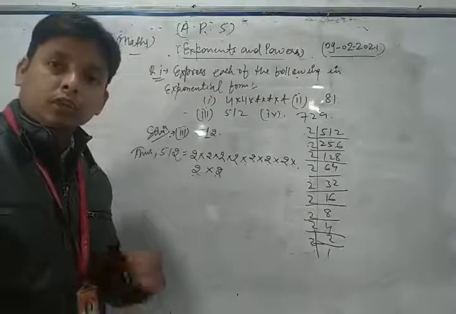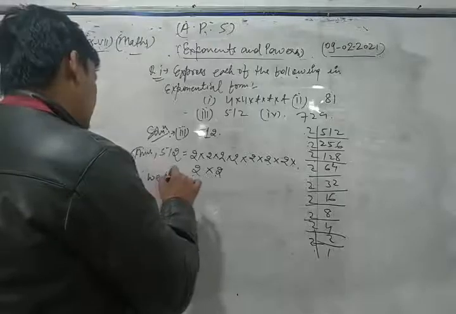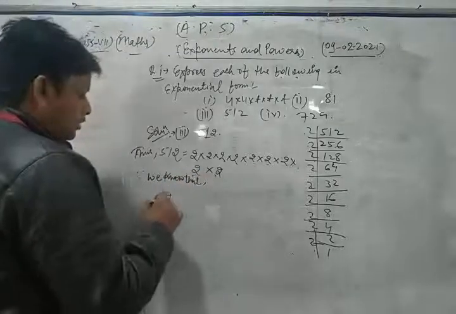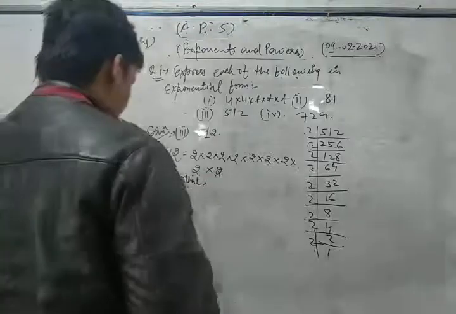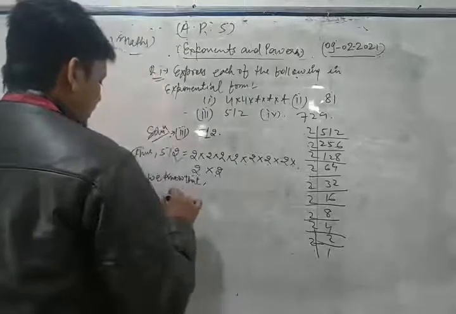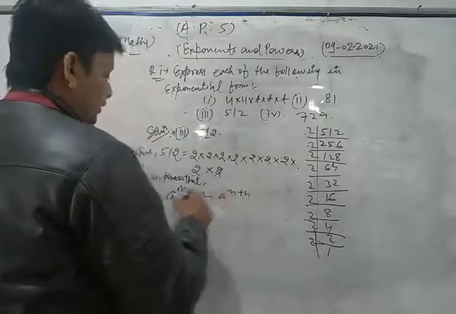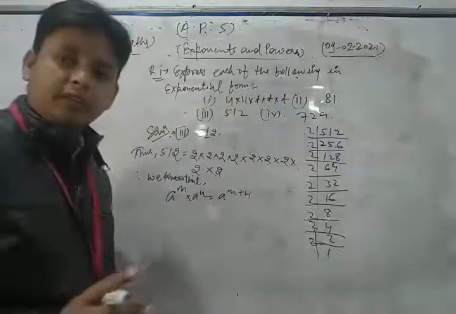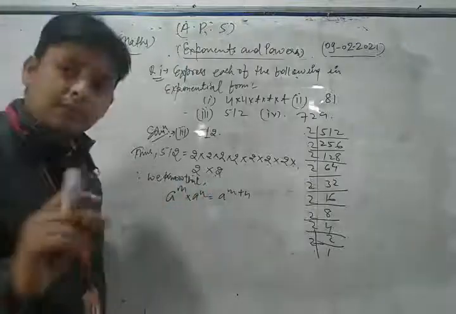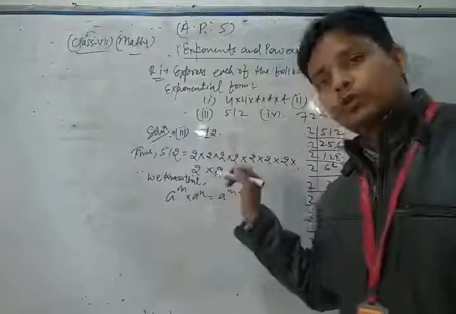Now we apply the laws of exponent. Since we know that k to the power m into k to the power n is equal to k to the power m plus n, if the bases are the same, then the powers are added. Here the base of all of these factors is the same, 2, and the power of each 2 is 1.